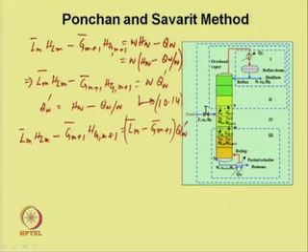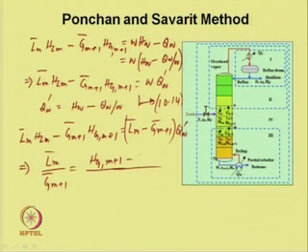From this we can write L m bar divided by G m plus 1 bar would be equal to H G m plus 1 minus Q W dash divided by H L m minus Q W dash. This is equation number 10.15.